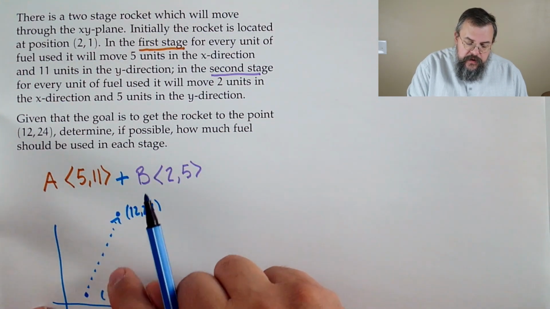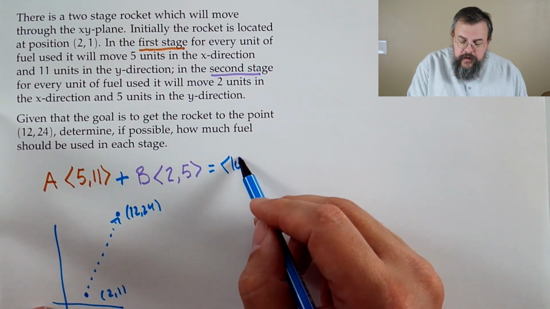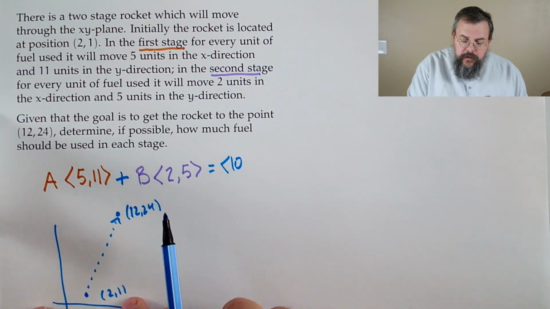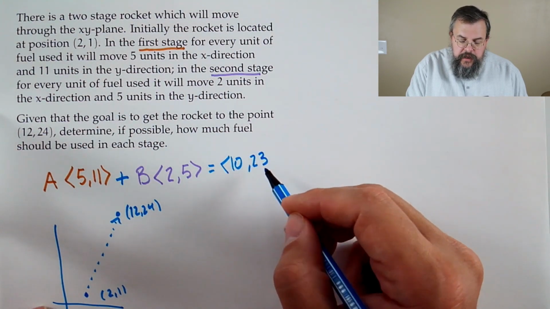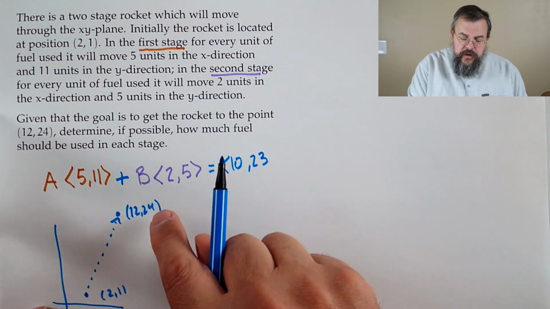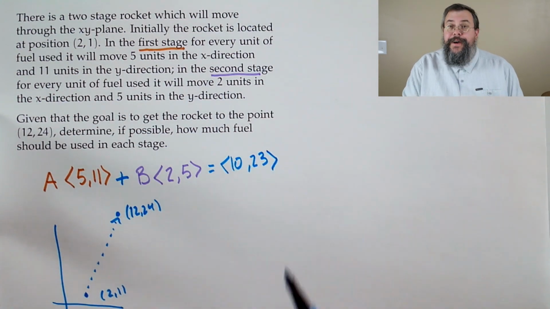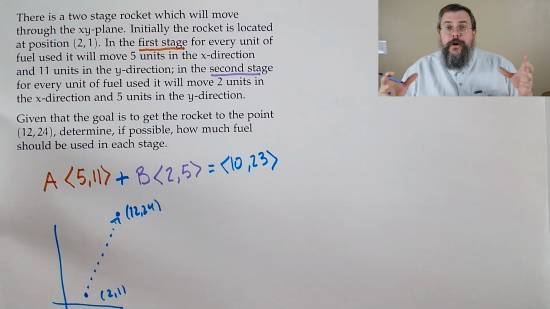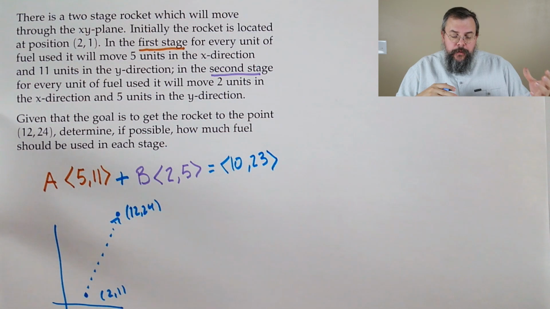You say, what's the difference in the x-coordinates? That would be 10. What's the difference in the y-coordinates? That would be 23, right? 12 minus 2, 24 minus 1. Okay, there we go. Now we have more or less a plan. We say, look, that's what we need to figure out. We need to figure out what's the right combination to make this true.